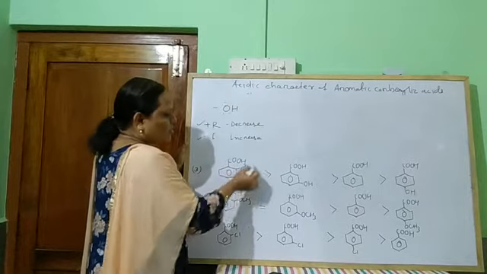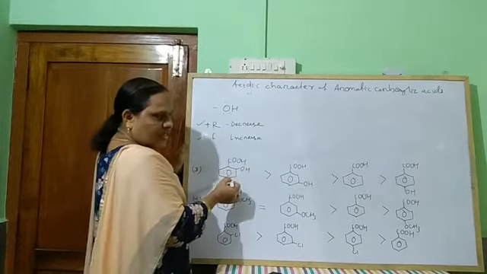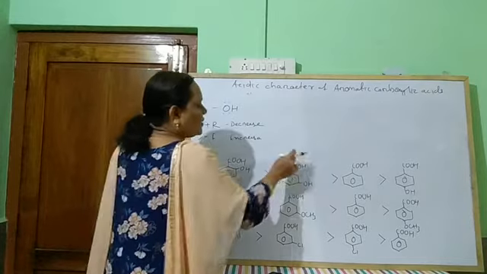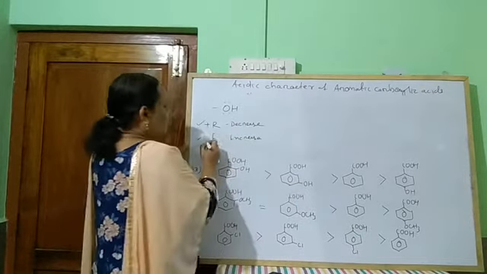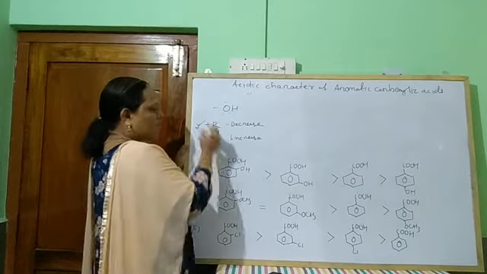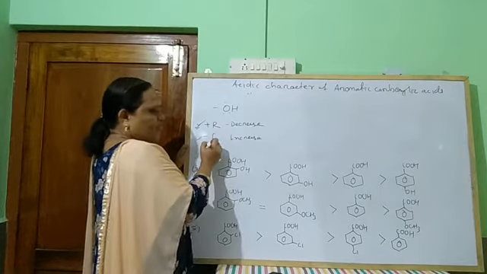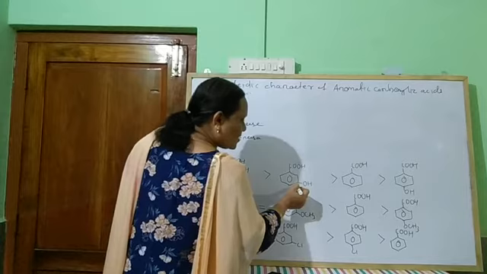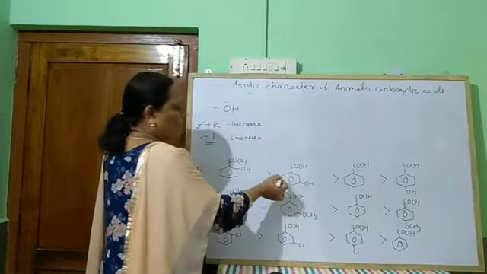So this is the ortho effect. This is the stronger acid as compared to the others, and at meta position there is only minus I effect. There is no plus R effect. So due to this minus I effect, this is more acidic than benzoic acid.